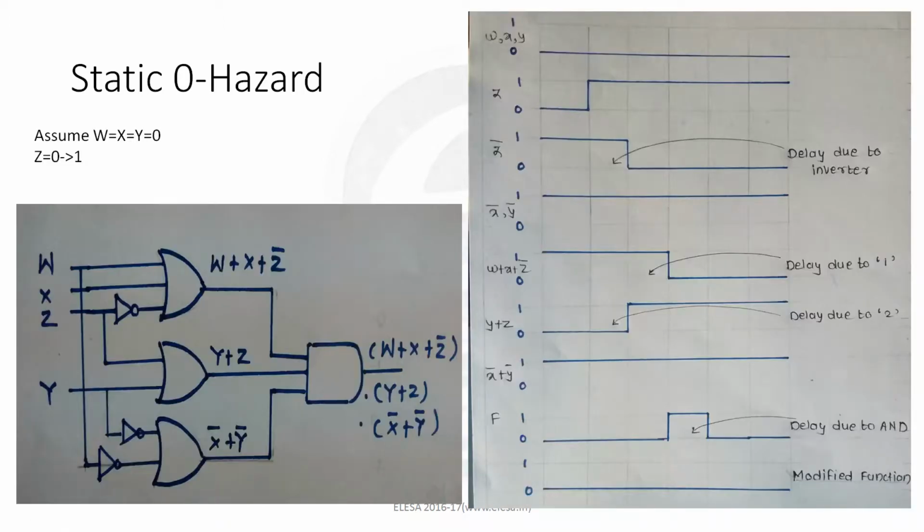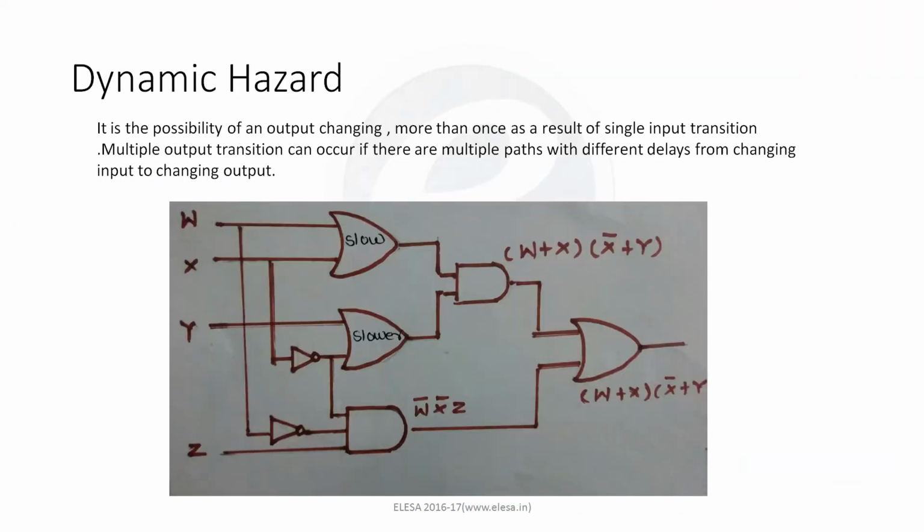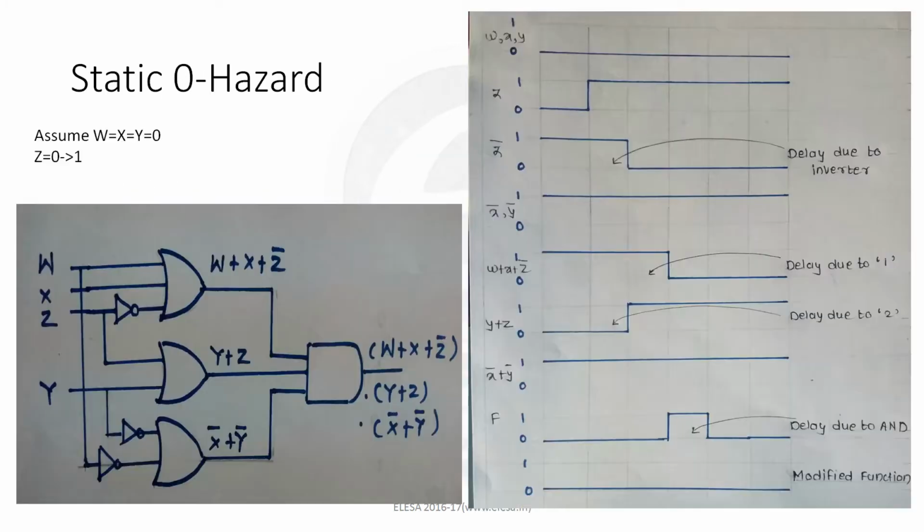Next, moving to the static 0 hazard, consider this gate circuitry, and w equals x equals y, which is equal to 0, and z is changing from 0 to 1. Here is a waveform for w, x, y, which is constantly 0, and z changes from 0 to 1.